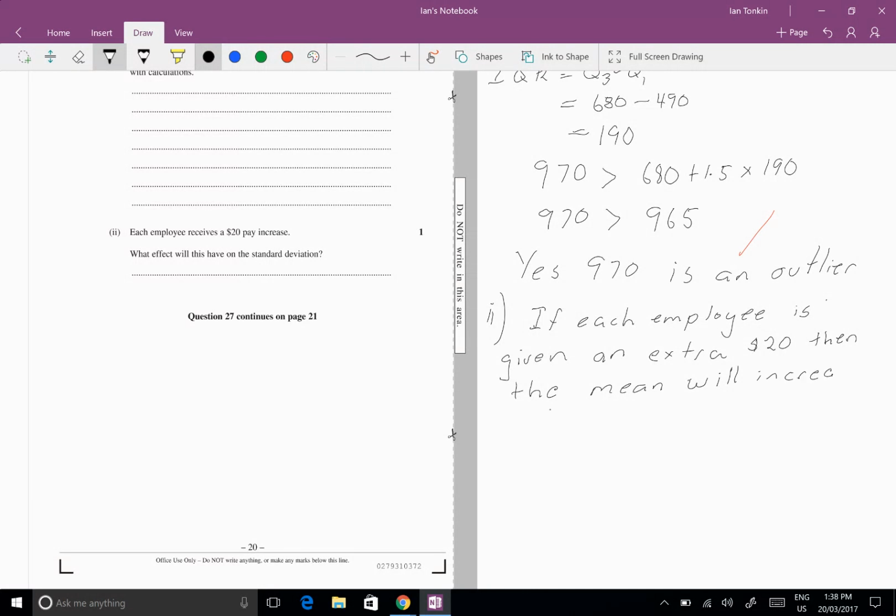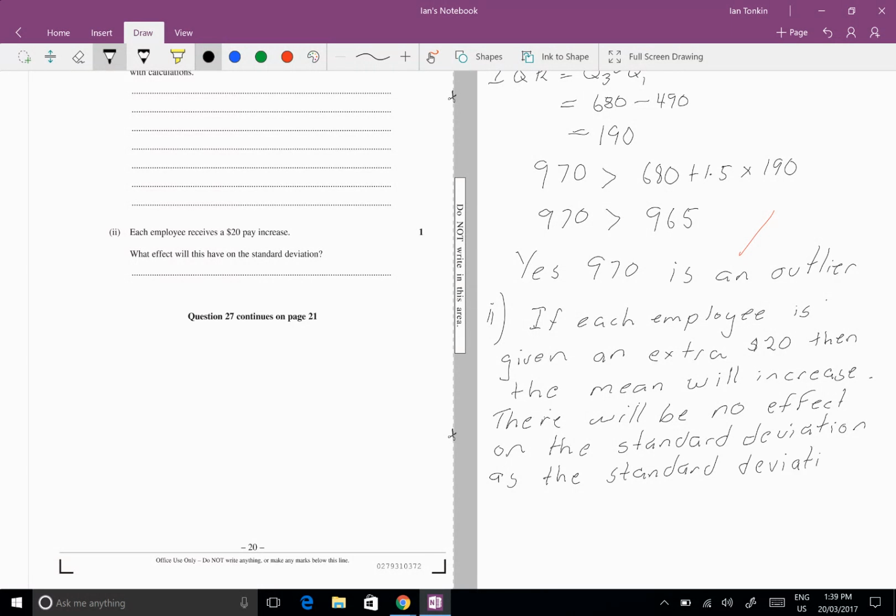It's asking me about the standard deviation, but I want to show off. There will be no effect on the standard deviation as the standard deviation is a measure of dispersion.